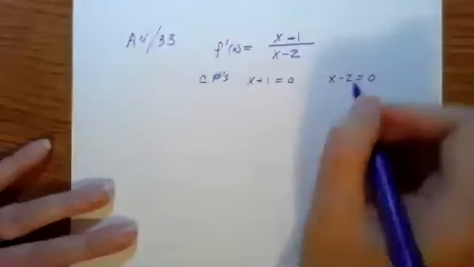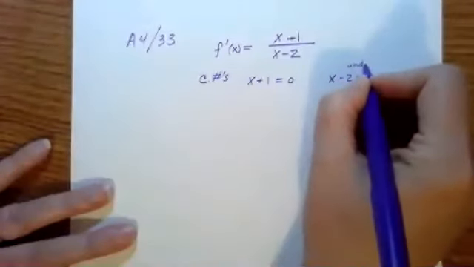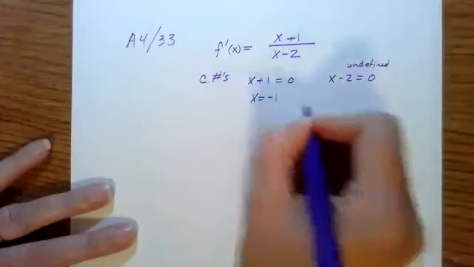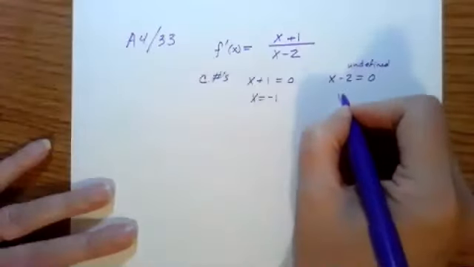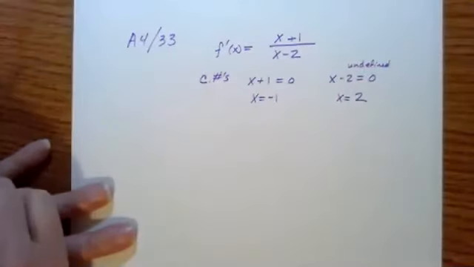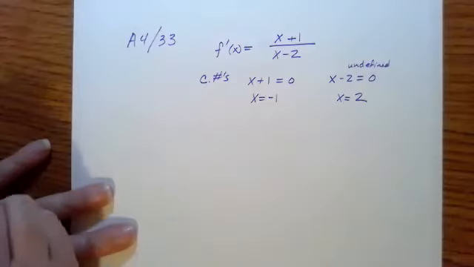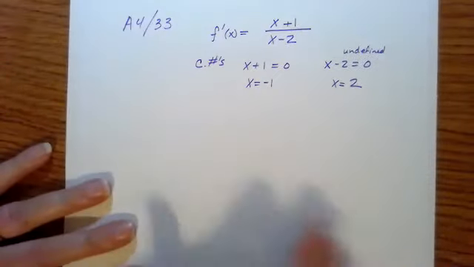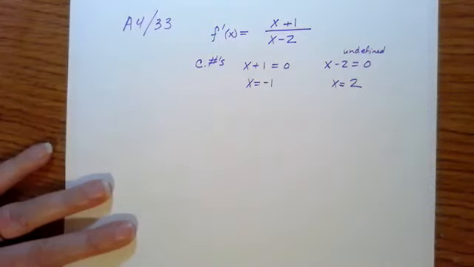And so I got x equals negative 1 for the top, and x equals 2 on the bottom. But that x equals 2 doesn't make that derivative function 0. It makes it undefined. I didn't know what to do with that.